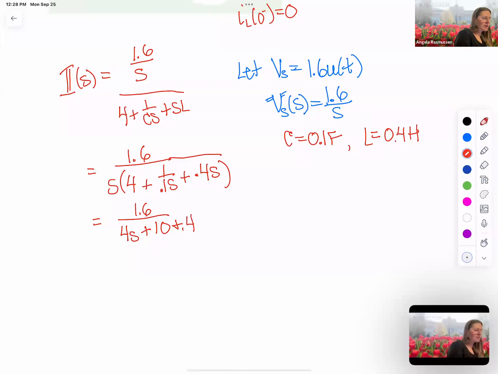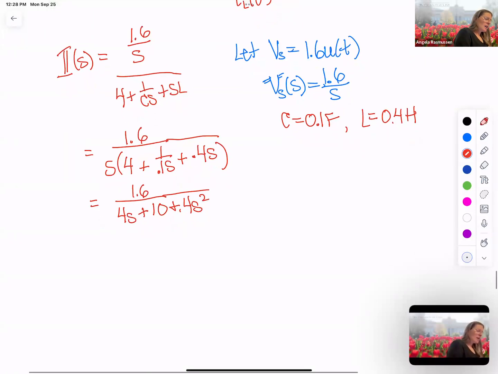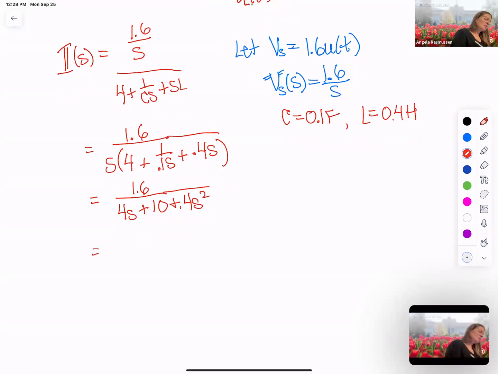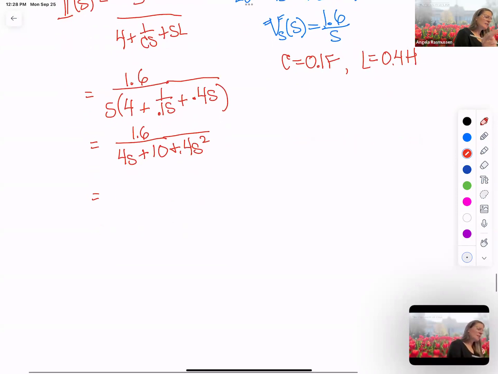Plus 0.4 S squared. And then I need to manipulate this so that I can find the roots of it. So from here, I would divide everything by 0.4 so that I have just an S squared in the first one.